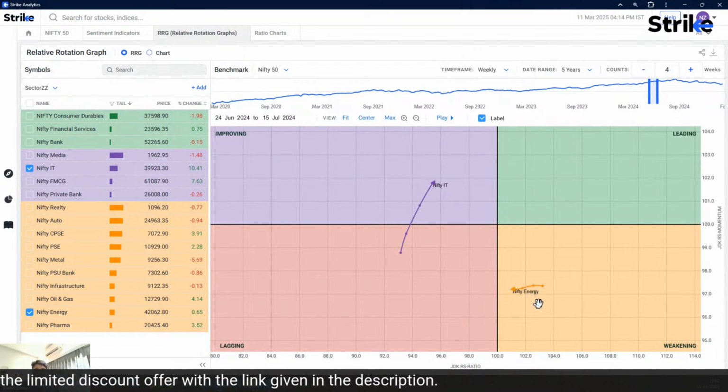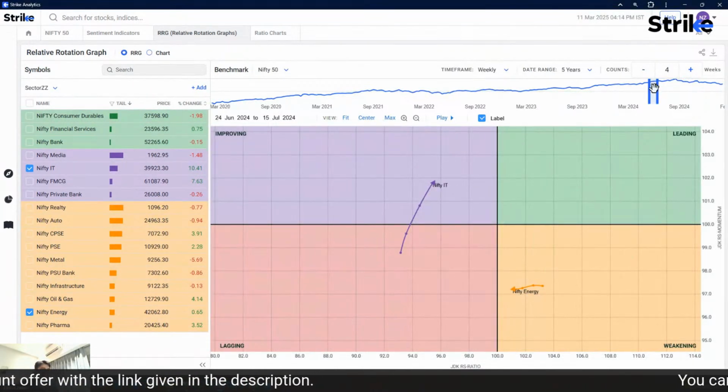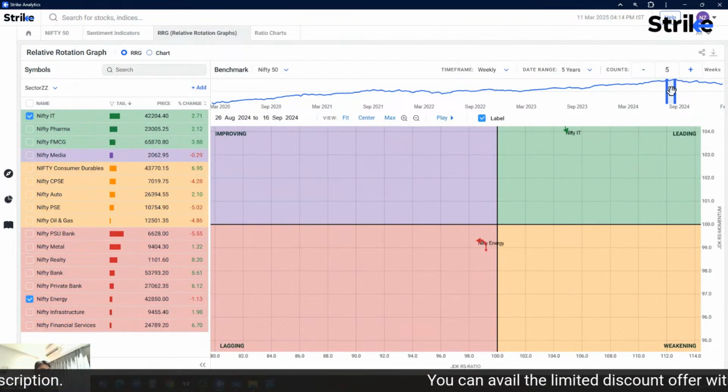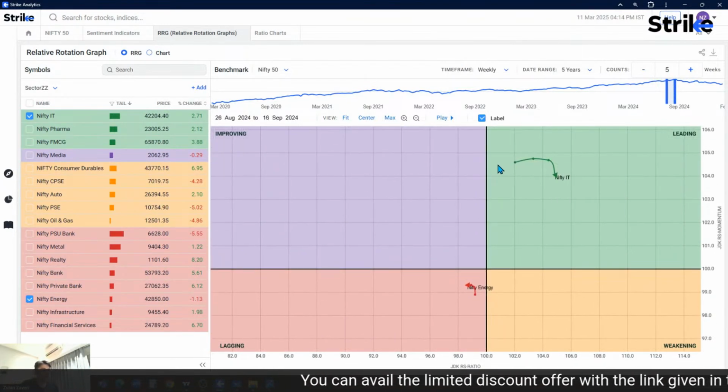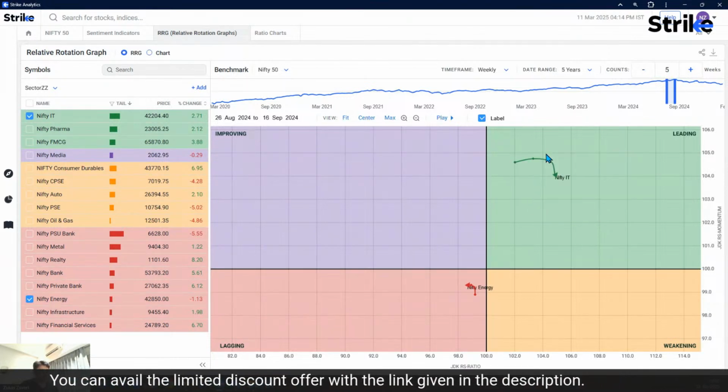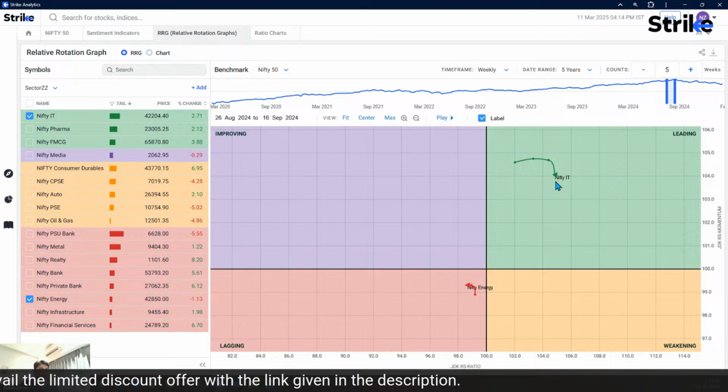Once you do this, see how IT for a few days entered into the leading quadrant, and now when it turned down, energy is coming up. So book profits from IT and get into energy.